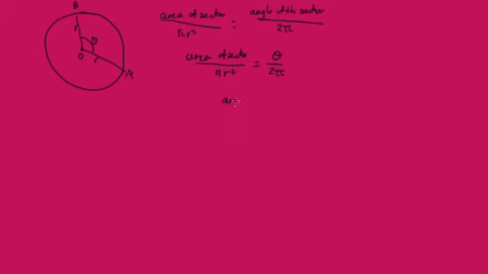Rearranging that, the area of a sector equals half theta r squared, because the pi's are going to cancel themselves out. And this is a general formula. Now let's look at some examples.